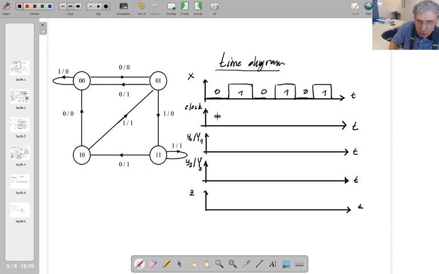So there is going to be a clock pulse for this 0 input, another clock pulse for this 1 input, another for this 0 input, another for this 1 input, and a clock pulse for each of the remaining inputs.